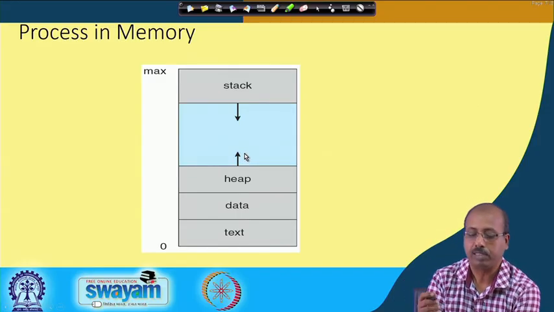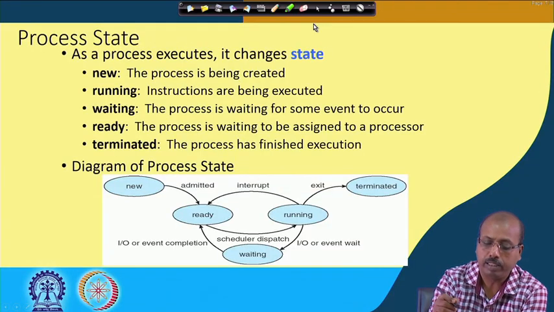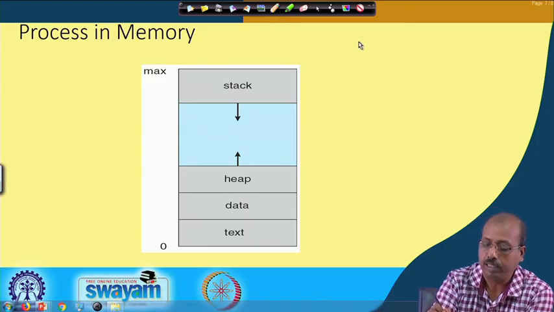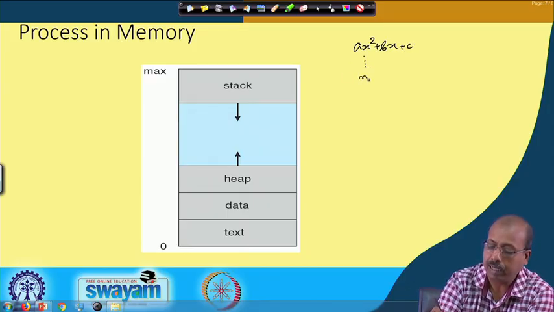Coming back to the same example, that is the program to find roots of that quadratic equation ax square plus bx plus c. While writing this program, I may have a main routine. In the main routine, I read the values of a, b, c.